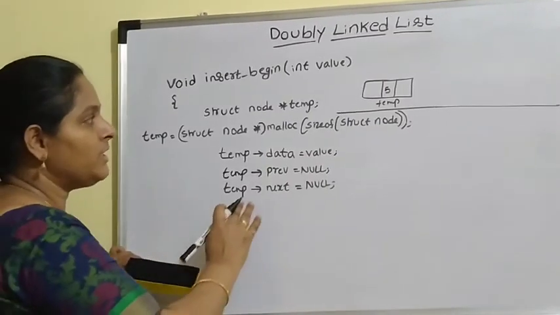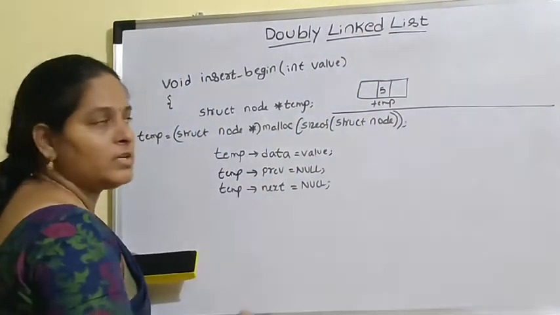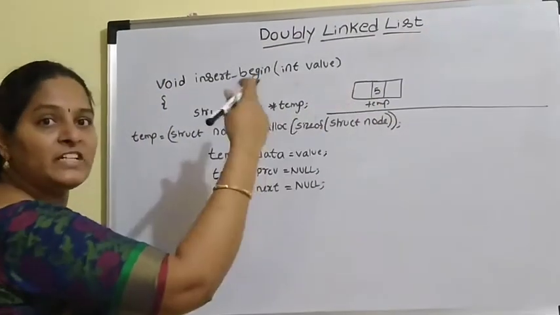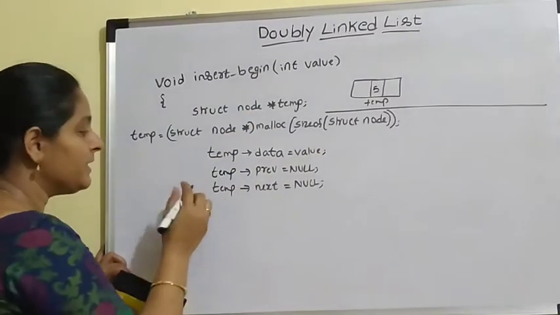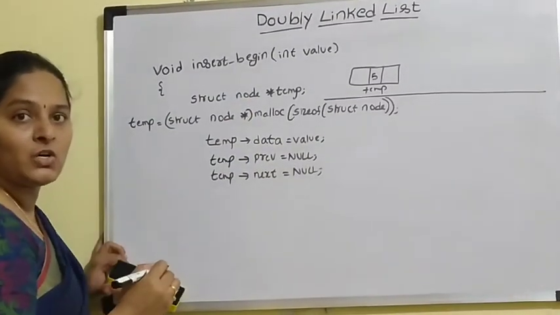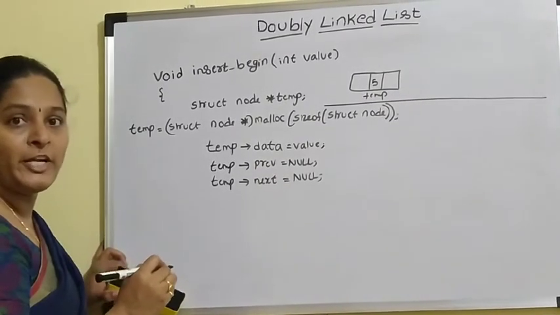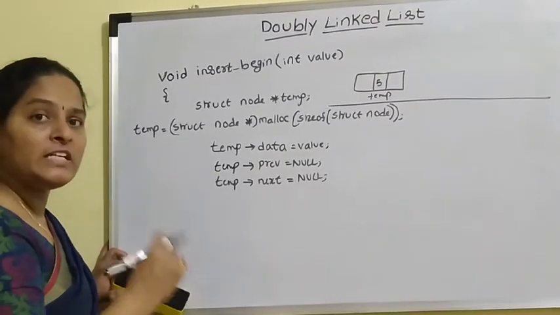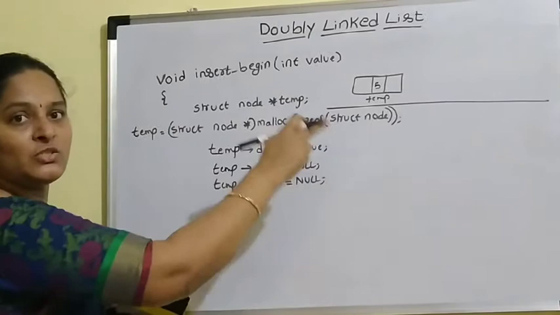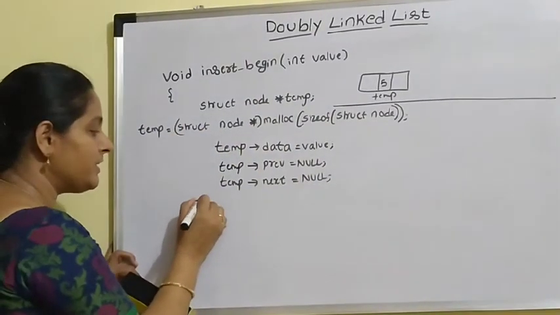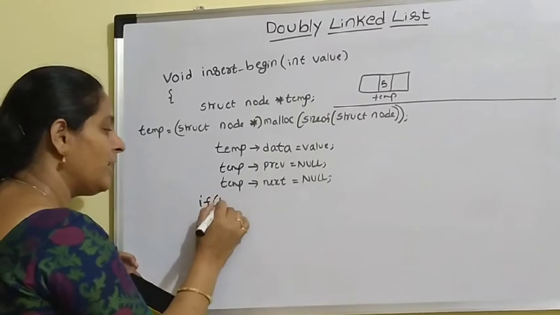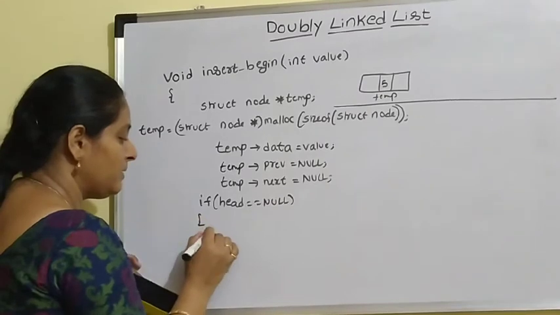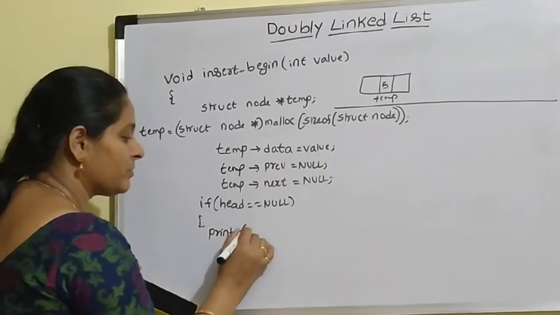Just assume that there are no nodes in the list. Then our inserting node will be the first node as well as the last node. How to check whether the list is empty or not? If your head pointer is pointing to the null value, that indicates that the list is empty. If the list is empty, our inserting node will be the first node as well as the last node. You just write that condition here: if head equal to null, that indicates the list is empty.